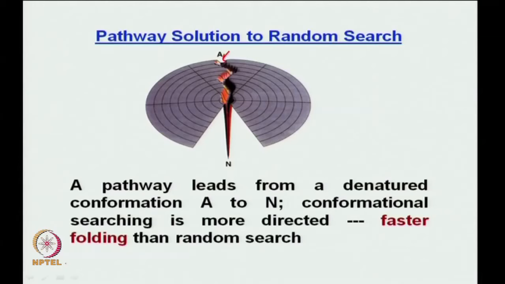So, you think about a conformation here, a conformation here, a conformation here. These are experiencing the same flat landscape as you had in the previous slide. Okay. So, these conformations experience the flatness of the landscape.